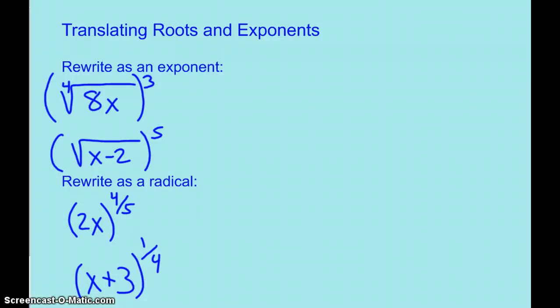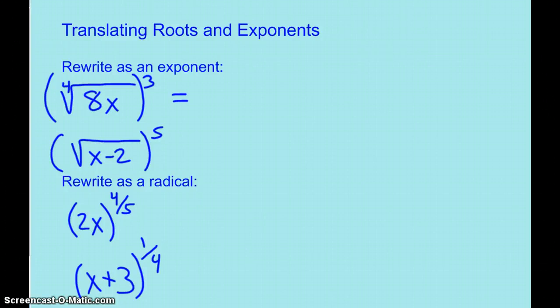You see here on this page the two different formats that we're going to write these problems in. You have one in radical form and one in exponent form. So the top two are both written in radical form. They have a radical, and so this is the 4th root of 8x taken to the 3rd power.